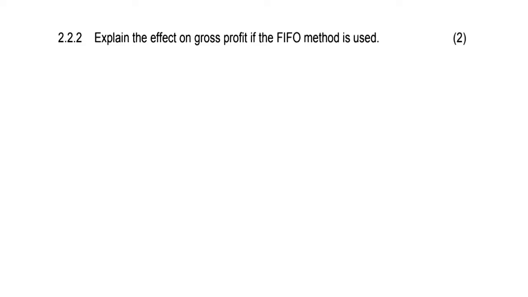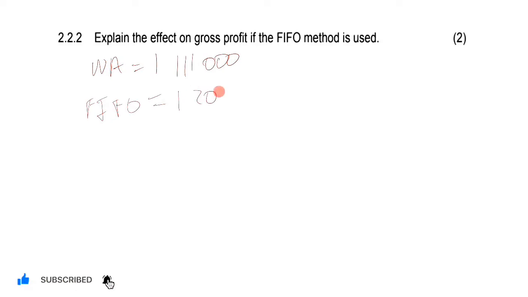So when you check your closing stock for weighted average, the closing stock for weighted average was 1,111,000, and then the closing stock for the FIFO method resulted as 1,202,731. So when you calculate cost of sales for these two amounts, as I've said, a larger closing stock will result in a smaller cost of sales.